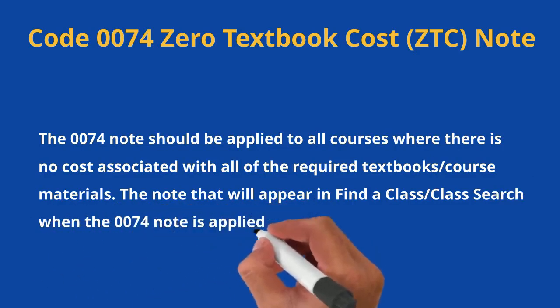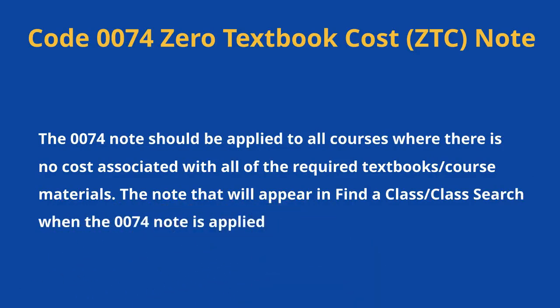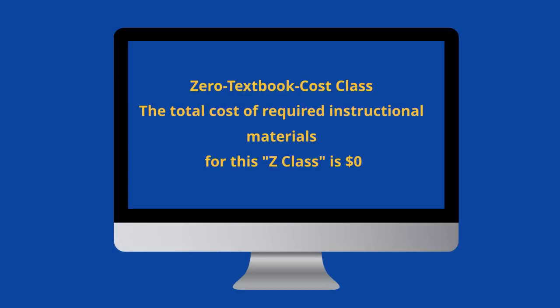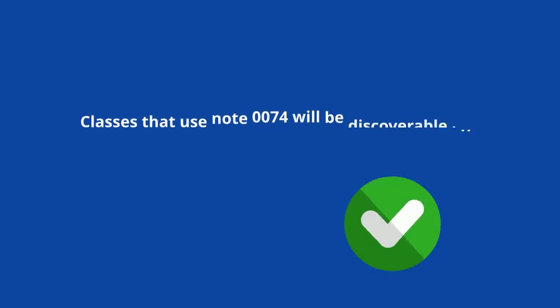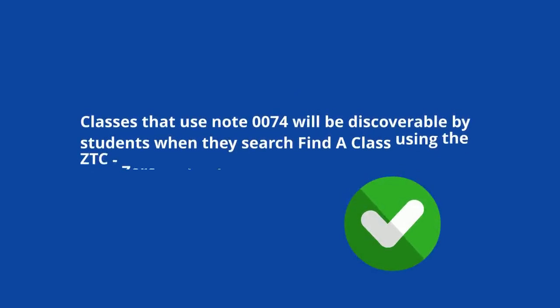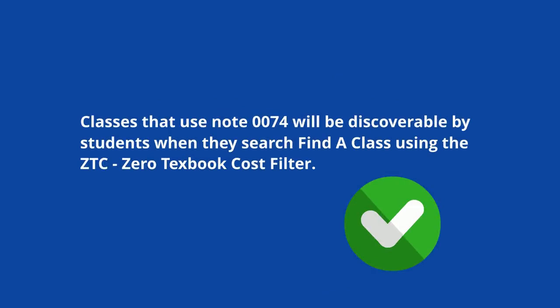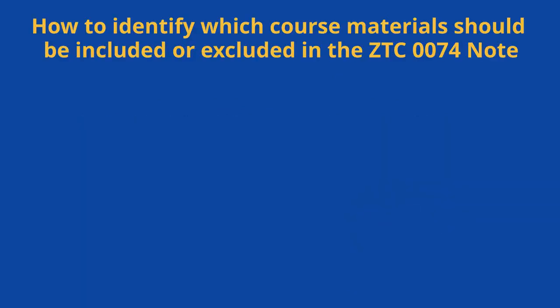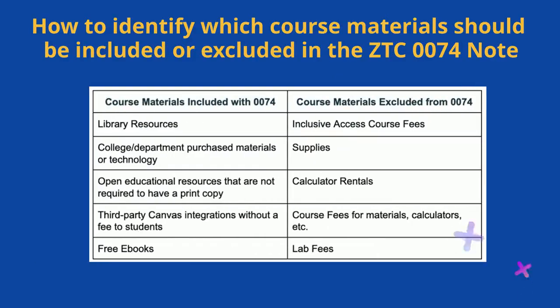The note that will appear in the Find a Class search when the note is applied is the total cost of required instructional materials for this Z class is $0. Classes that use the note will be discoverable by students when they search the Find a Class using the ZTC Zero Textbook Cost filter. Our resource guide will provide you with many examples of what course materials are included or excluded.